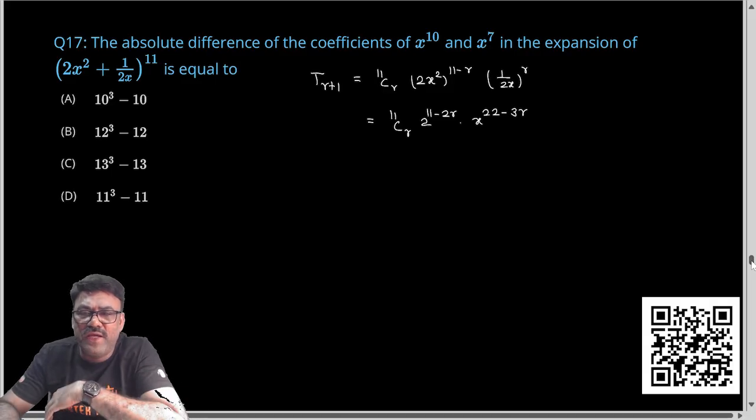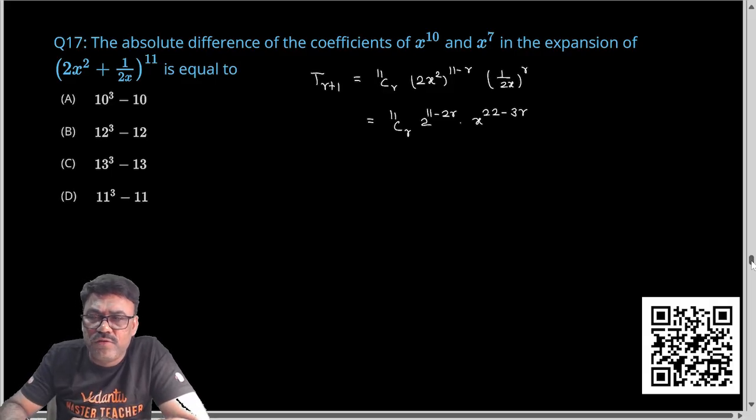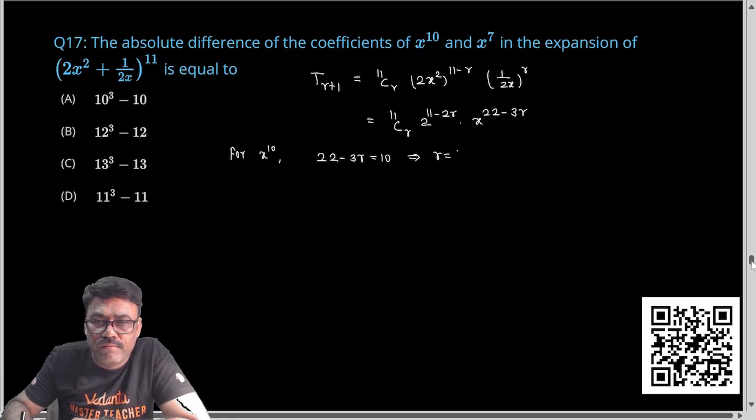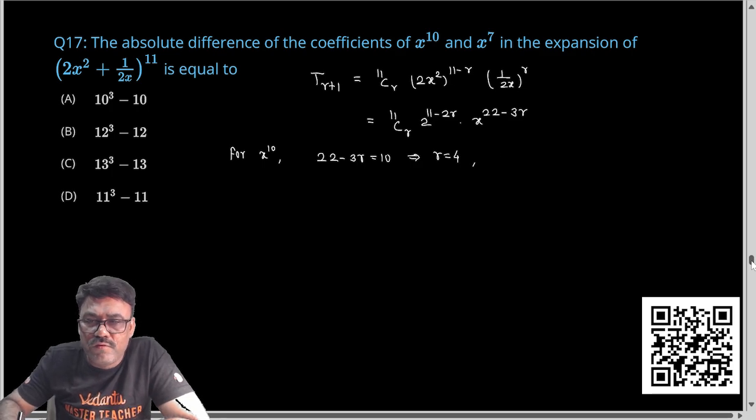Now for the coefficient of x raised to 10, this 22 minus 3r should be 10. So r will be 4. So what is the coefficient of x raised to 10? Just put r equal to 4 here.